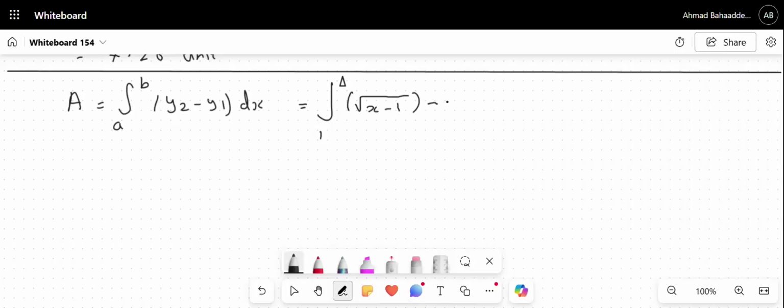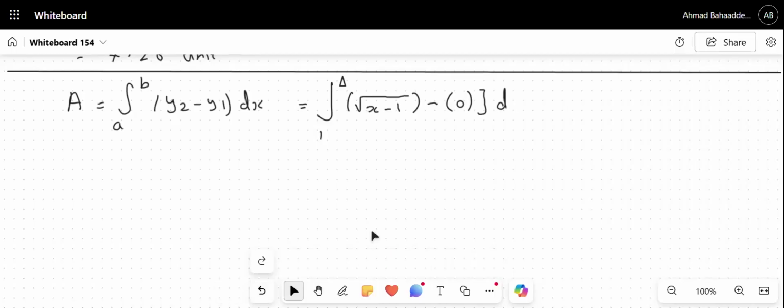And my y1 is actually the x-axis, which is y equal to 0. And then all of this is going to be multiplied by dx. The top limit here should be 6. The numbers sometimes look strange.